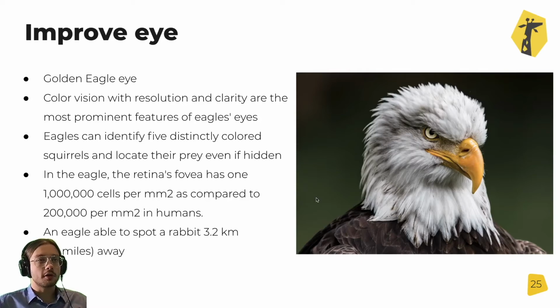An example of such an approach would be a golden eagle, whose color vision is very clear, and it could detect a rabbit 3.2 kilometers away.